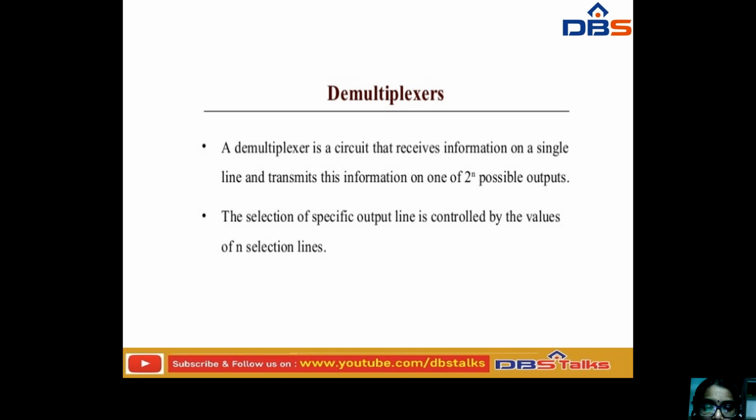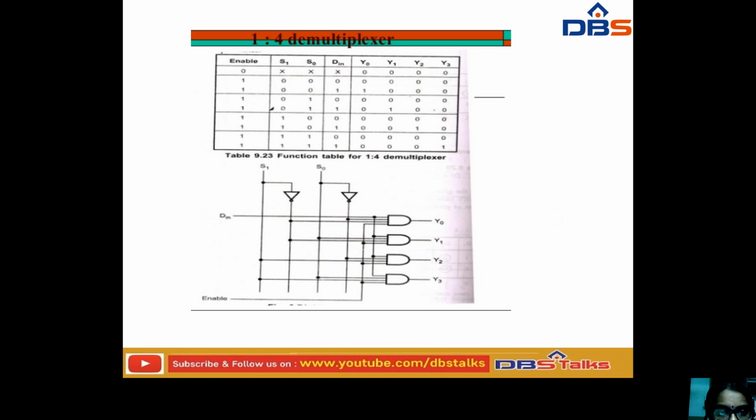So a demultiplexer is a circuit that receives the information on a single line and transmits this information on one of 2^n possible outputs, where the selection of the specific output line is controlled by the values of the n selection lines.